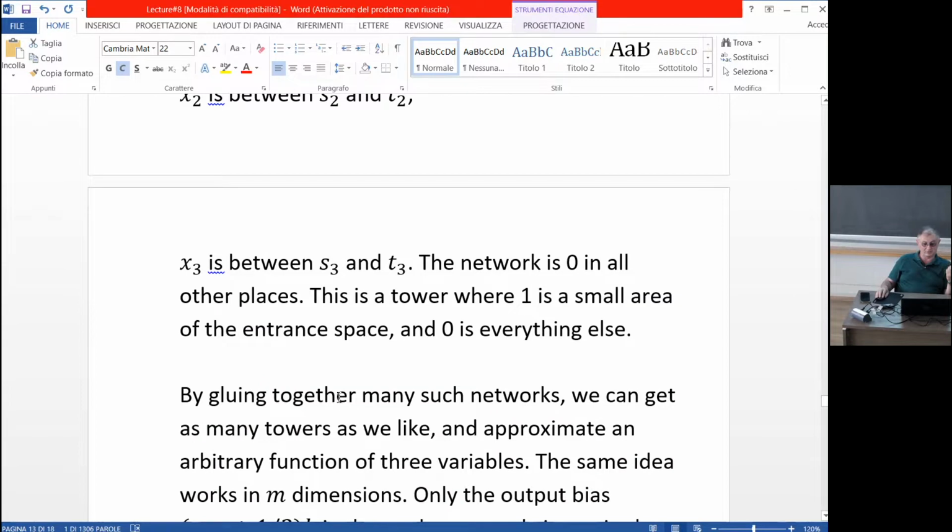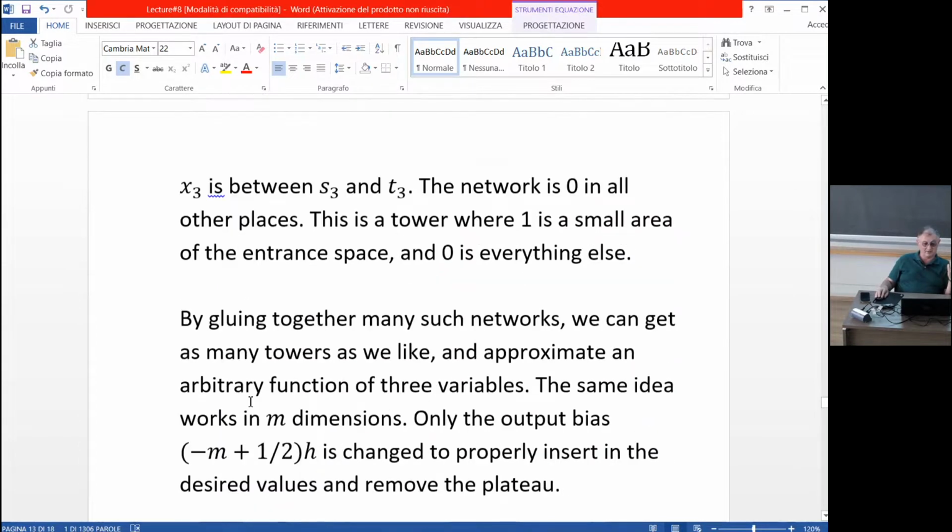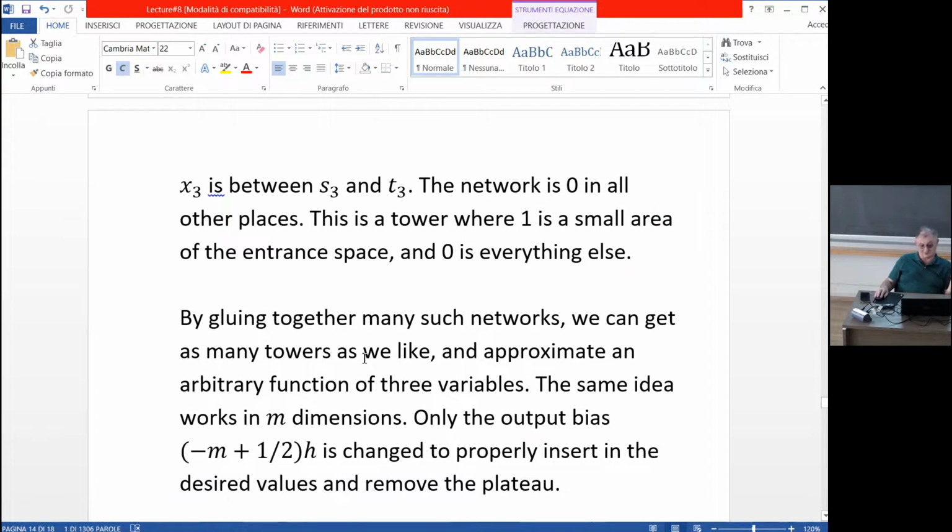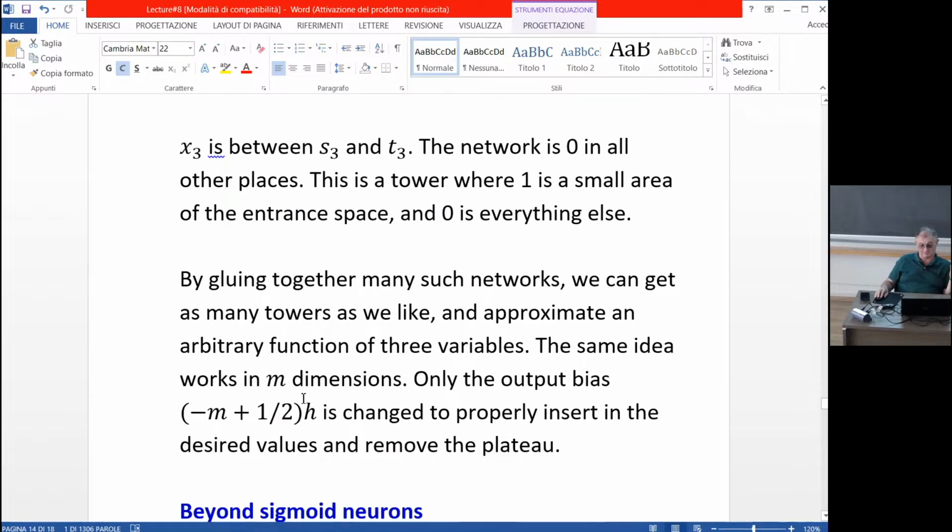By gluing together many such networks, we can get as many towers as we like, so we can approximate an arbitrary function of 3 variables. The same idea works in m dimensions. So what changes in m dimensions?